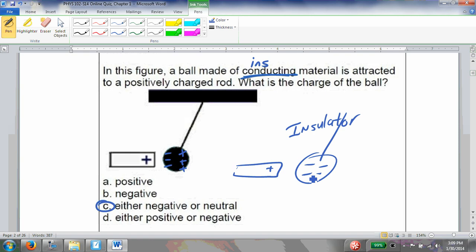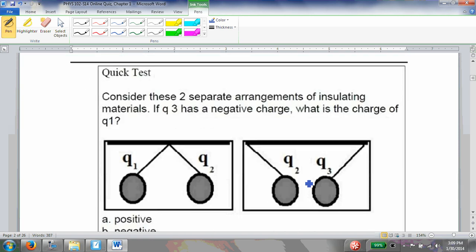We got some induction, where the molecules were polarized, but that's on a much smaller scale. All right, let's keep on.